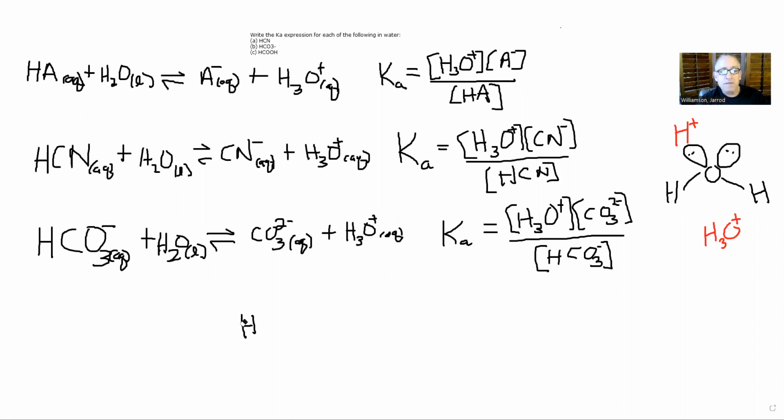It's important you know that stuff, guys. The next one was HCOOH. Oops, wrong color. I wanted to use black for this. Turns out this is the H that's going to come off.